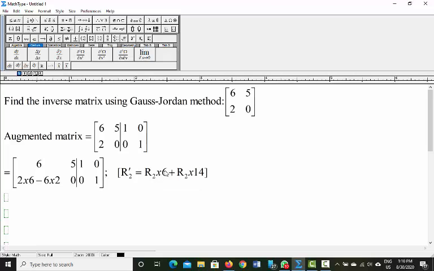We have multiplied 6, and then we have a minus, and then this 6 is in the first row. This 6 is the element of the first row, and with the first row we are multiplying 2.